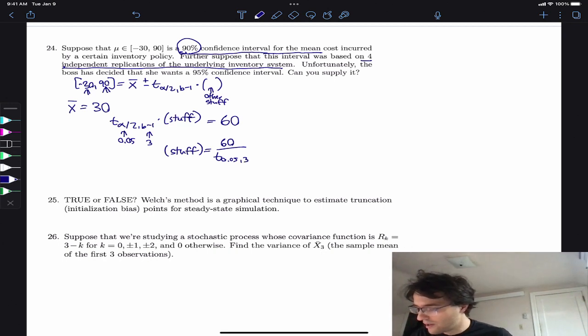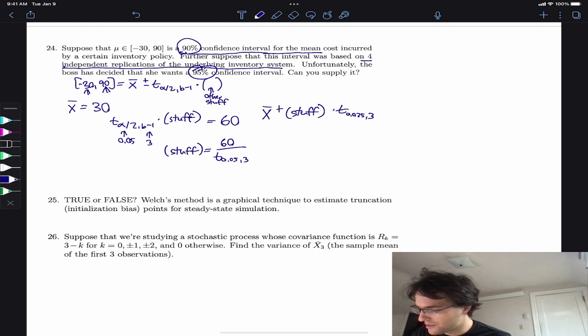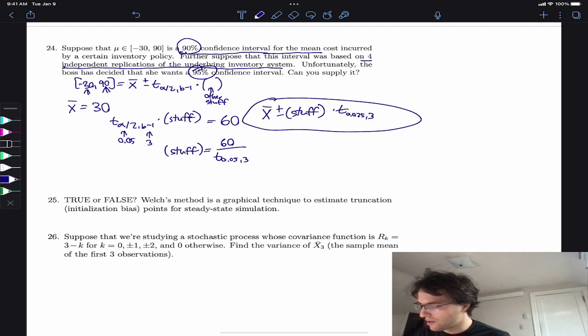But we don't really care about that. What we do care about is if we multiply stuff by the actual t value that we want, which is a 95% confidence interval. So that's a t 0.025 comma 3. If we multiply it by that, and we do x bar plus minus that, that'll be our answer.